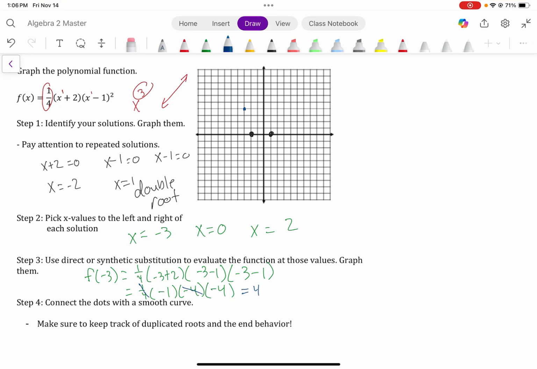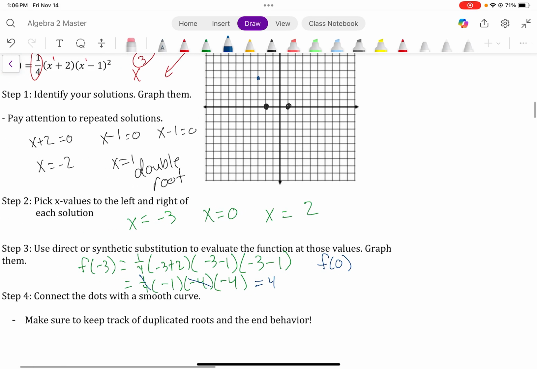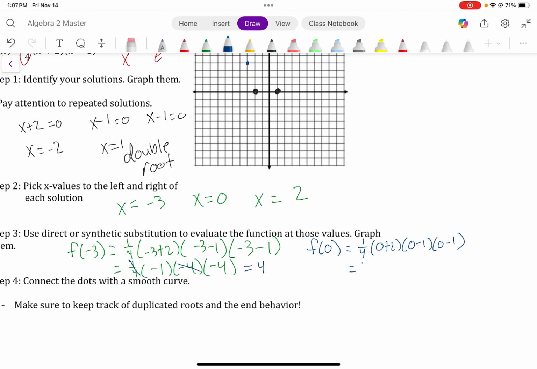As I continue on, plug in another value. X is 0. F of 0. Okay, I have to still multiply this stuff out, which is not as fun in this case because I'm going to get a fraction. 0 plus 2, 0 minus 1, 0 minus 1. 1/4 times 2 times negative 1 times negative 1. 1/4 times 2, which is 1/2.